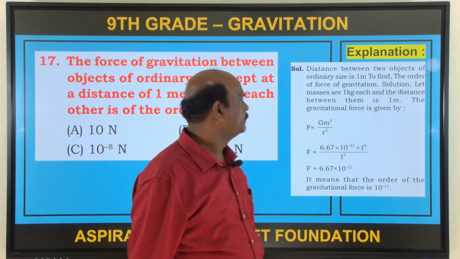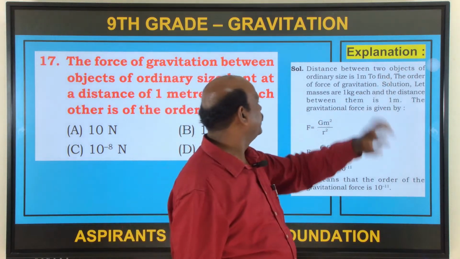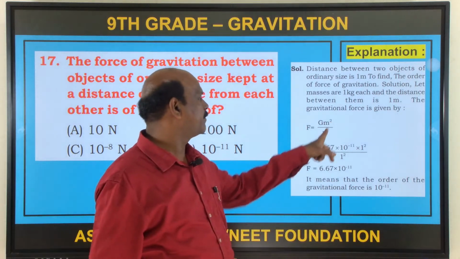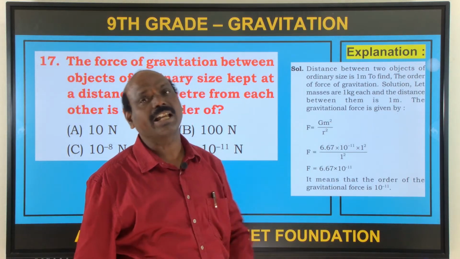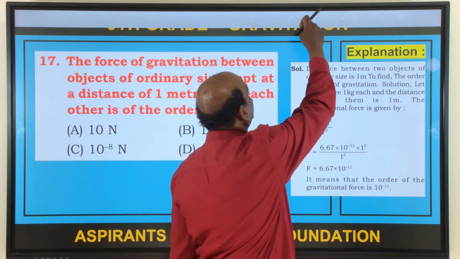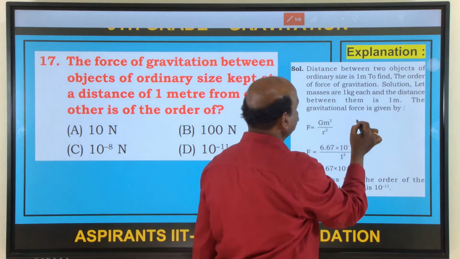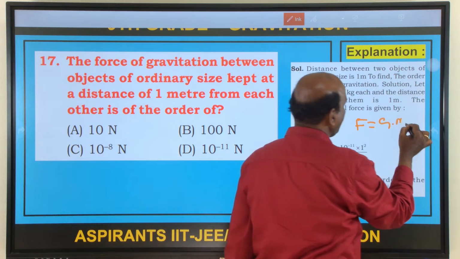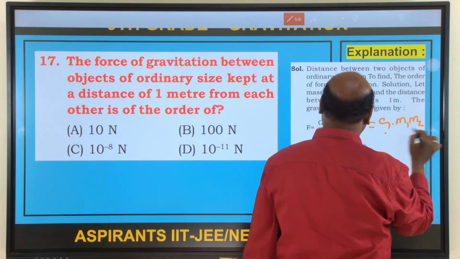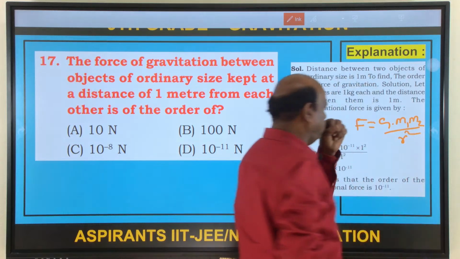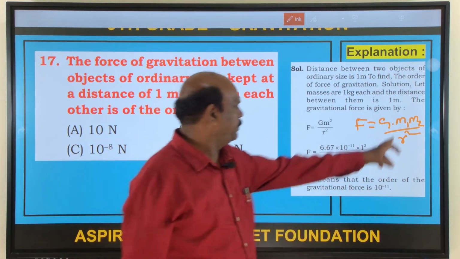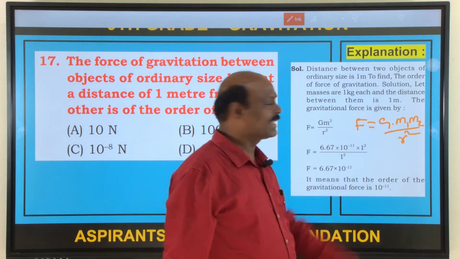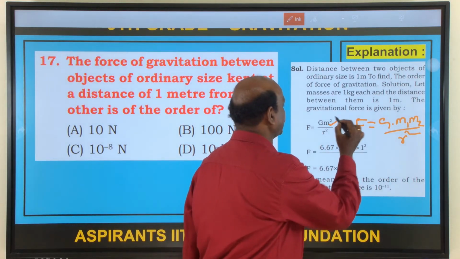The force of gravity is found using the formula F is equal to G m1 m2 by r squared. But here m1 and m2 are the same, so we are taking it as m squared.